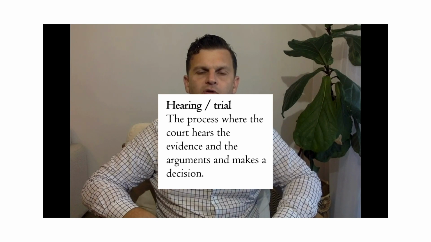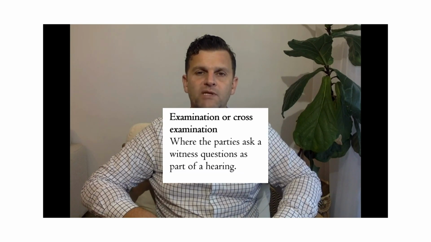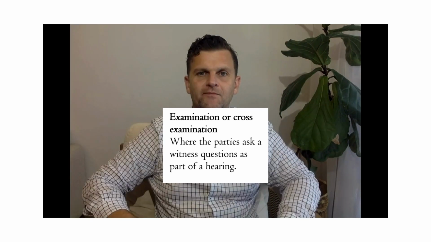If everyone agrees, then a hearing can be done on the papers. That means that the magistrate reads all the material and listens to any recordings and then makes a decision just based on that. Usually though, a hearing is done with examination and cross-examination of the witnesses. Examination of the witnesses is where the parties ask questions of a witness.